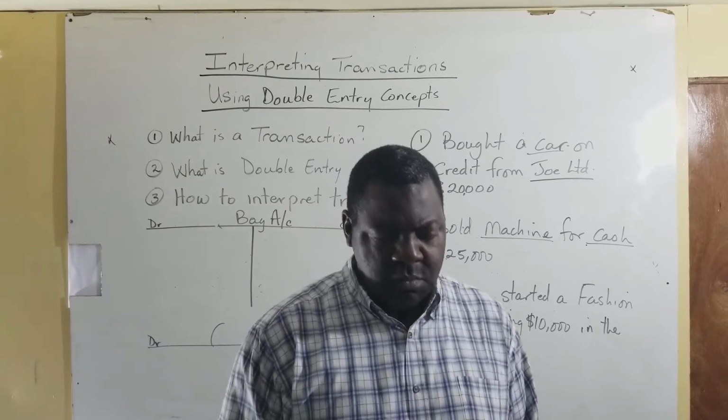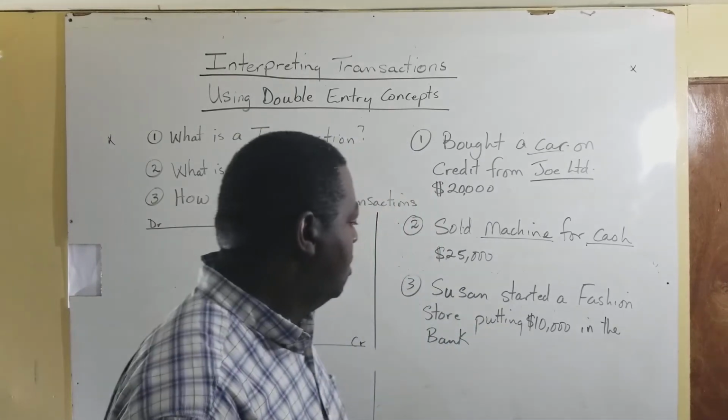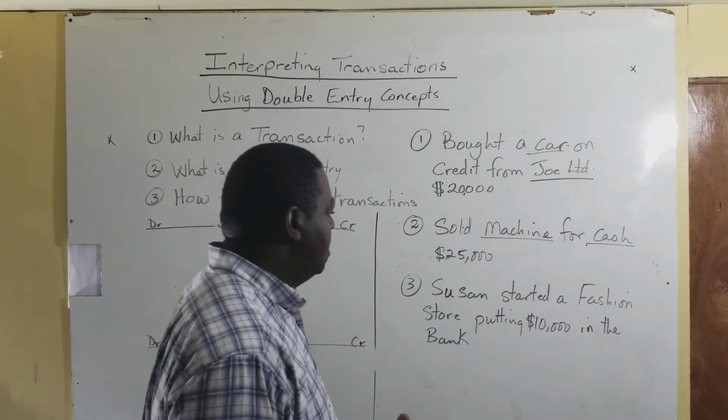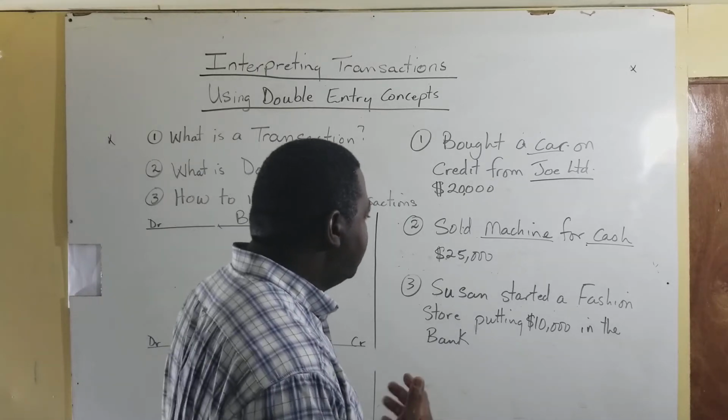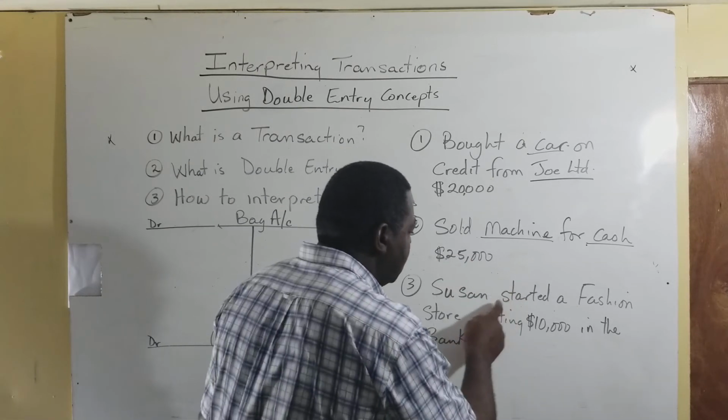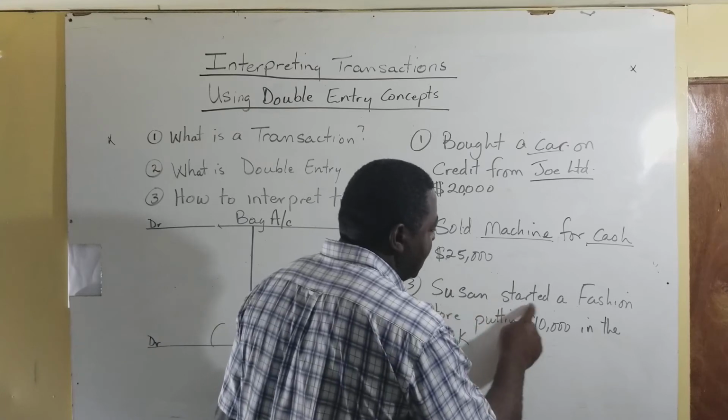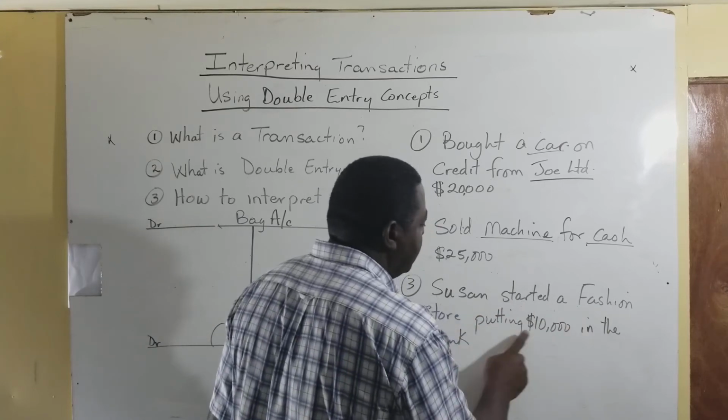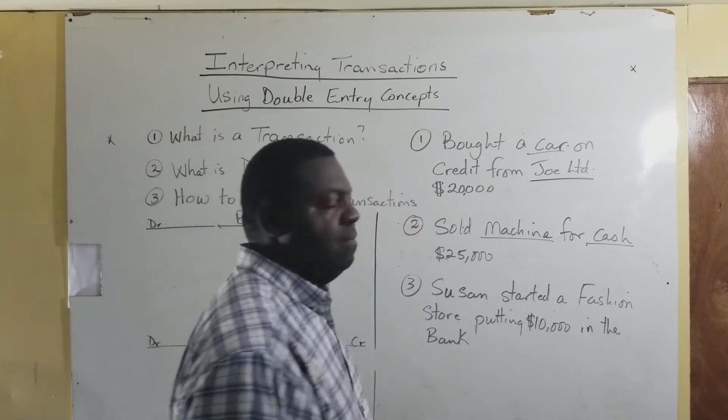So Susan started a fashion store, putting $10,000 in the bank.